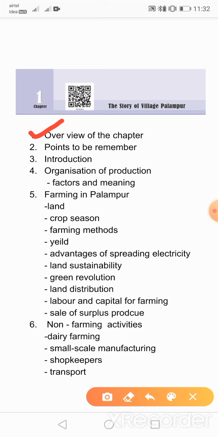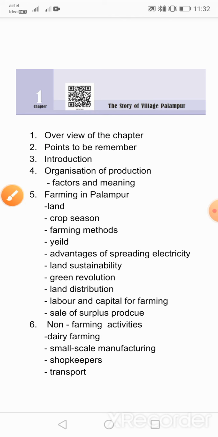These production activities need various types of resources, such as natural resources, man made items, human efforts, money, etc. As we read through the story of Palampur, we will learn how various resources combine to produce the desired goods and services in the village.